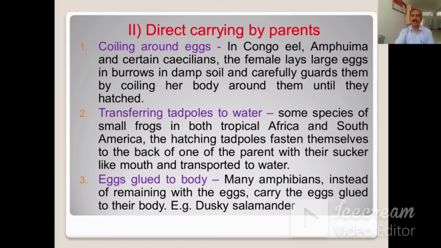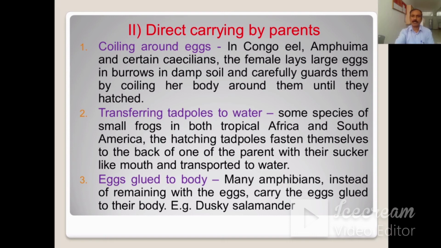Number one is coiling around the eggs. In Congo eel, Amphiuma, and certain caecilians, the female lays large eggs in burrows in damp soil and carefully guards them by coiling her body around them until they hatch.